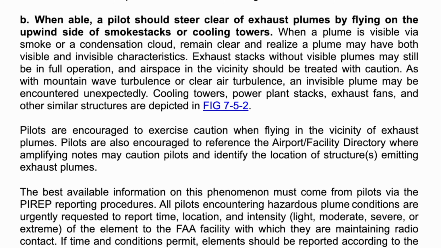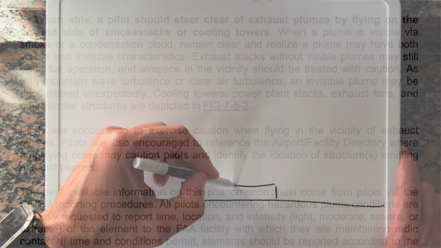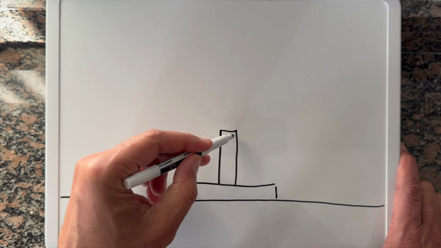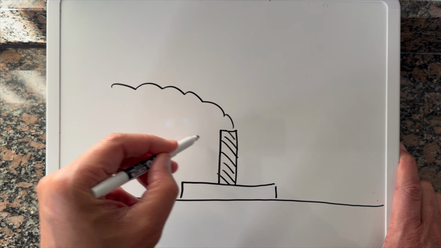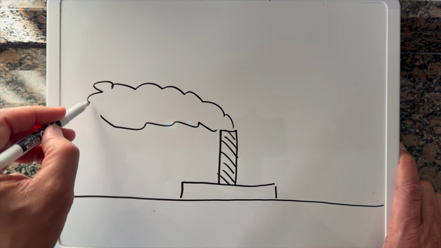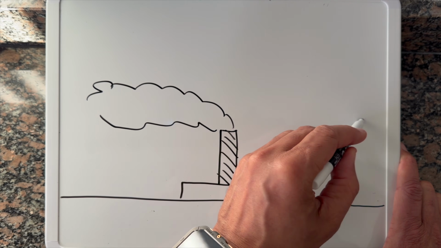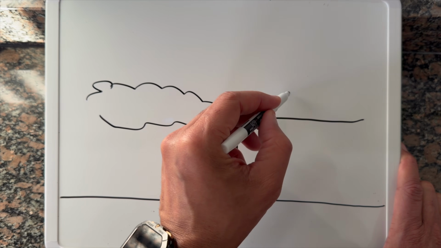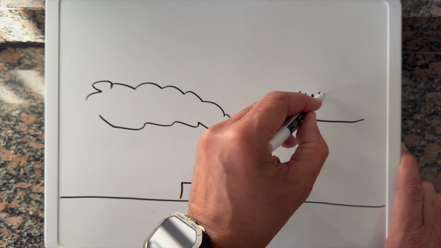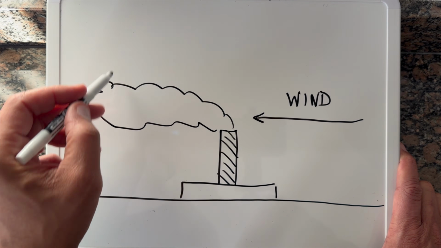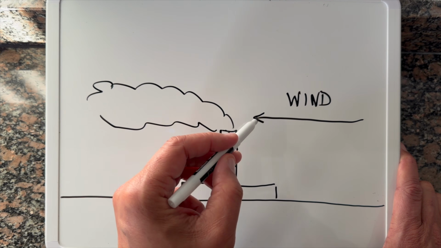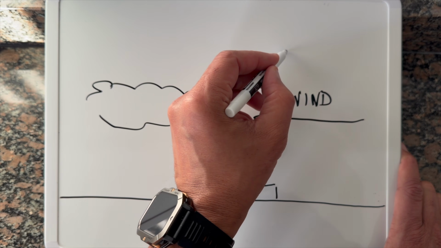And it's amazing that I'm using these words and terminology, because you already understand this from when we spoke of airport traffic patterns in regard to the downwind leg and flying upwind. In this situation, when the smoke leaves the stack and is being carried away, the direction it's being carried is the downwind side. So where you need to be flying your drone as a remote pilot is on the upwind side.